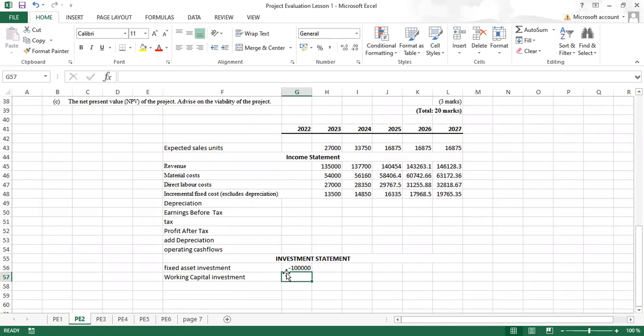So working capital investment will be equals 20,000, we're working in thousands, and it will be increasing by 5 million. So it will be equals that one minus 5,000, because we can't add on a negative. It will be increasing by 25.